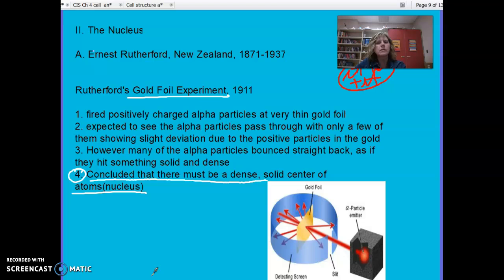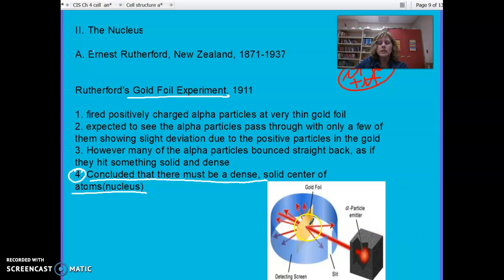So he fired tiny positively charged alpha particles at a very thin sheet of gold foil that was so thin it was actually one atom thick. So the thickness was the thickness of one atom of gold.